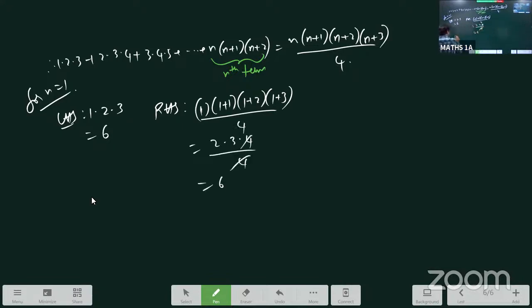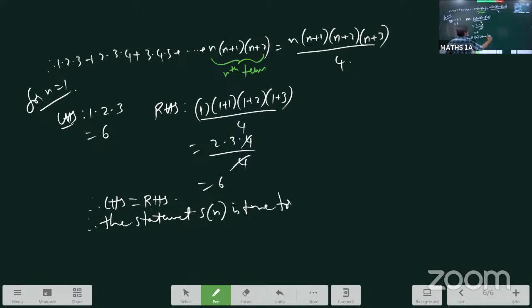Correct? Therefore, your LHS equals RHS. Therefore, the statement S of n is true for n equal to 1.